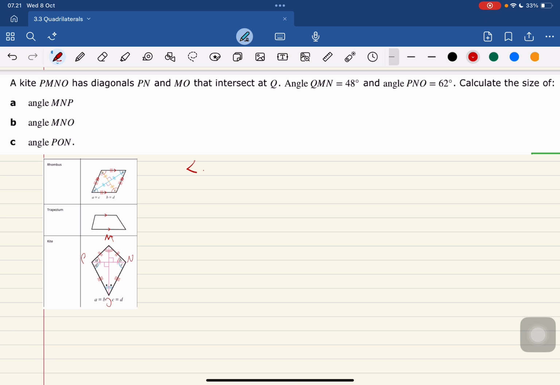First we have the angle MQN. Look at it, MQN is 90 degrees. So this is the first one, so let us find it.